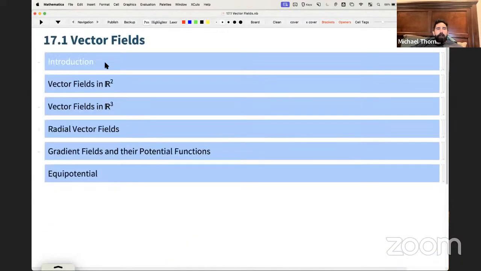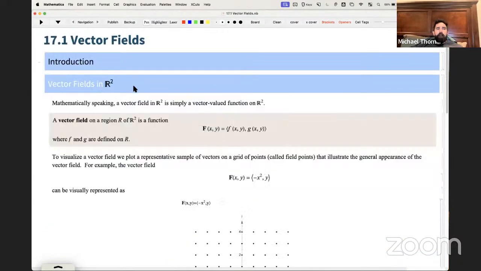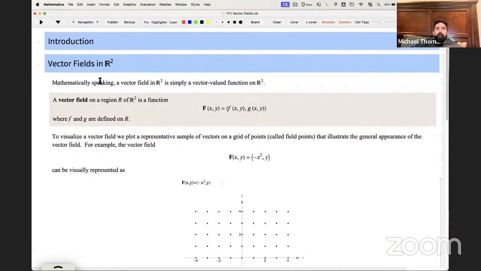Okay. All right. So let's start with what a vector field is in 2 dimensions. I've shown you what a visual representation of them looks like. But mathematically speaking, a vector field is a vector valued function on R2. Vector valued means the output is a vector, and it's on R2, so the input is in R2.